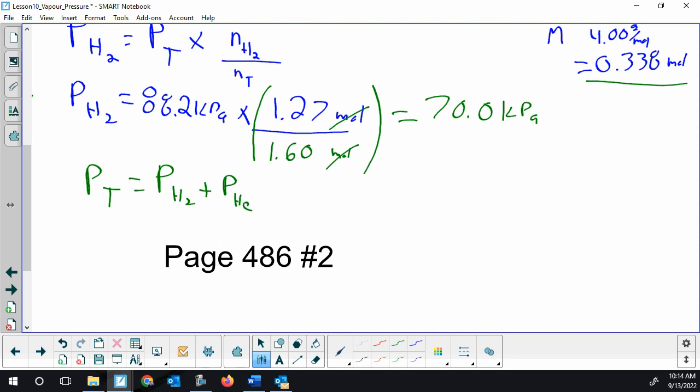pressure total is the hydrogen plus the helium. Well, we know the total is 88.2. We just figured out that's 70. Instead of doing this whole calculation again, helium has to be the missing amount.